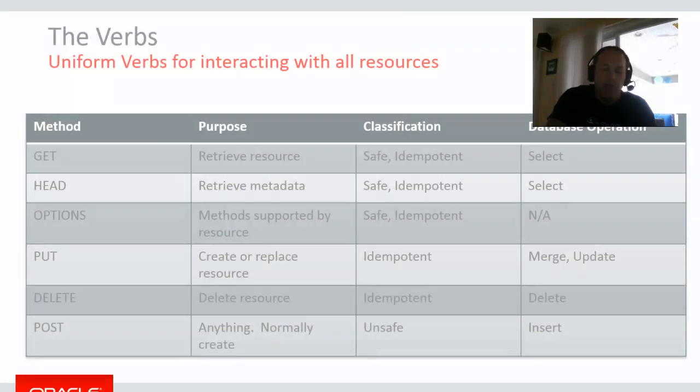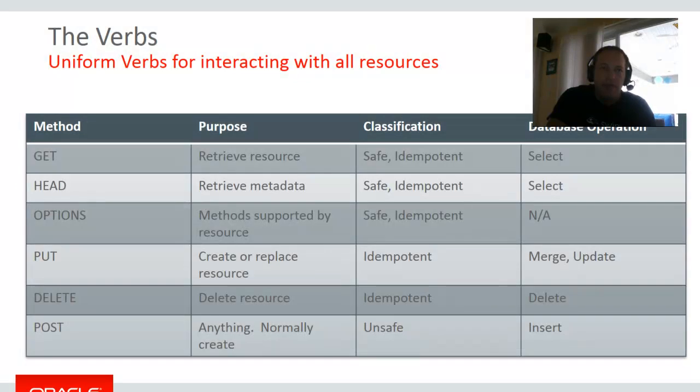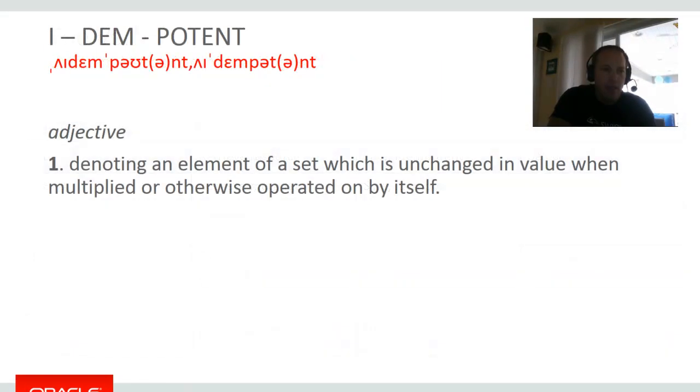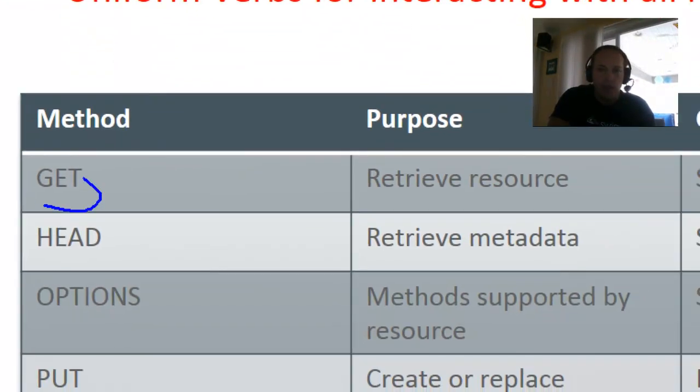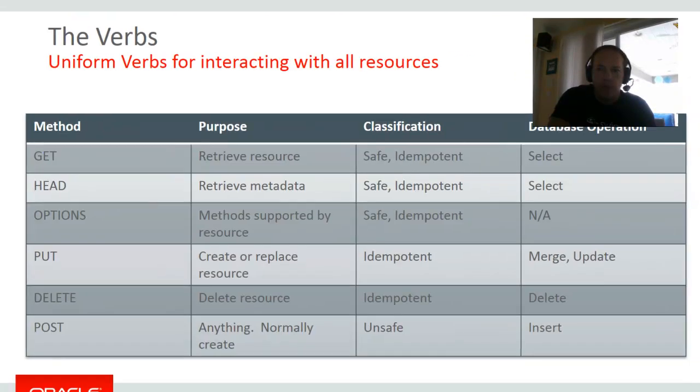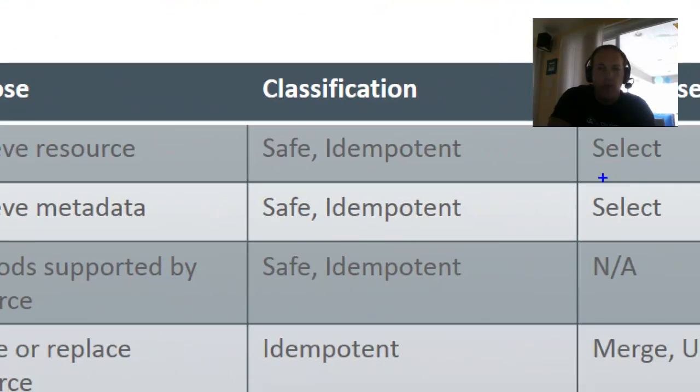So what ORDS does is it provides an interface to the database via HTTPS following this REST resource model, and it uses these verbs like a get, and it translates it into a SQL select.